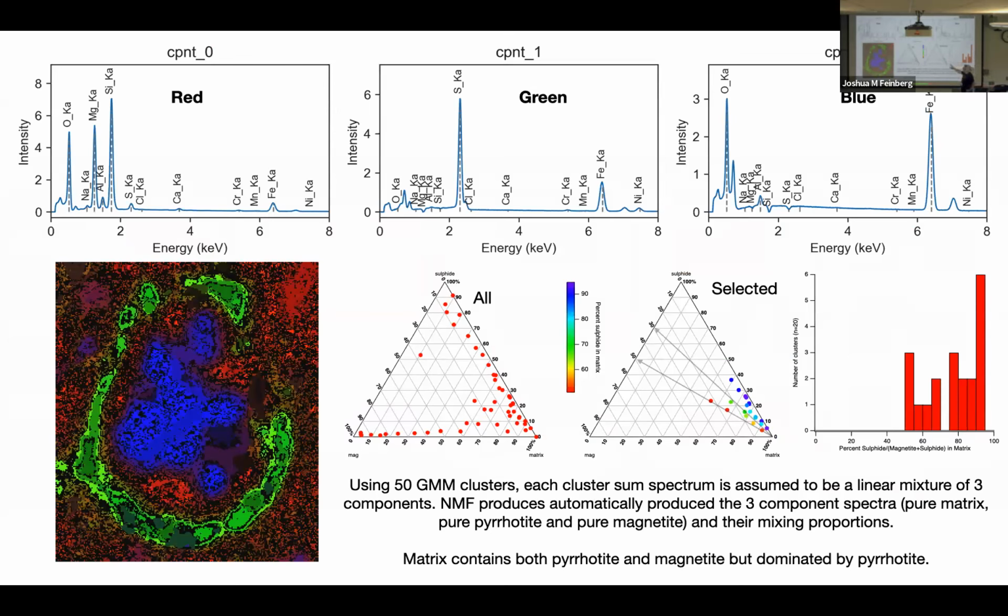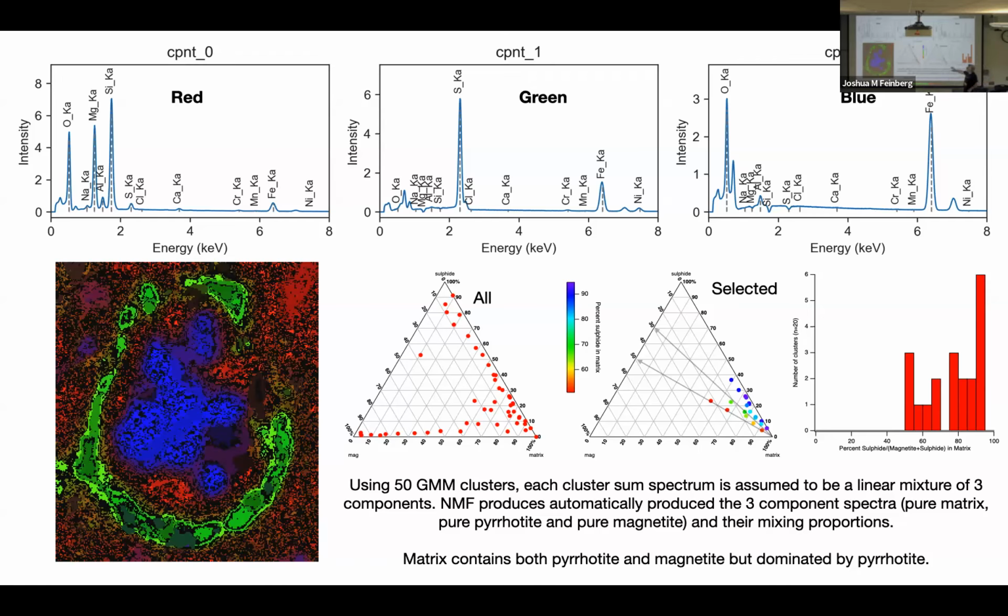And now it can tell me how much of each of those 3 components is in each of those 50 clusters that I defined. So we get a quantitative mixture of how much matrix, magnetite, and sulfide is in each of those clusters. If you restrict yourself to just looking at the matrix bits, you can then work out roughly how much magnetite and sulfide is mixed in at a fine scale within that matrix.